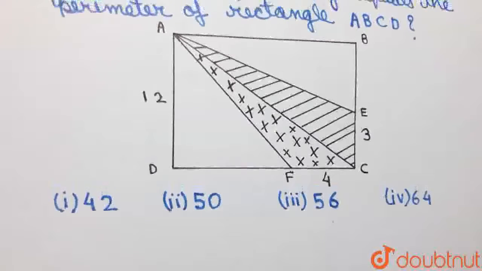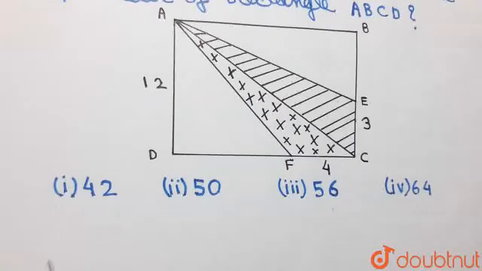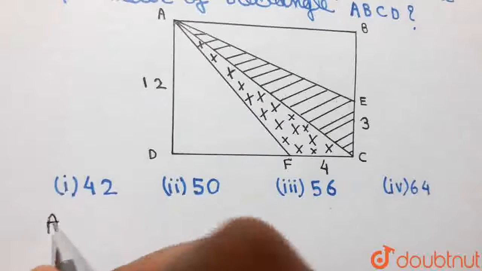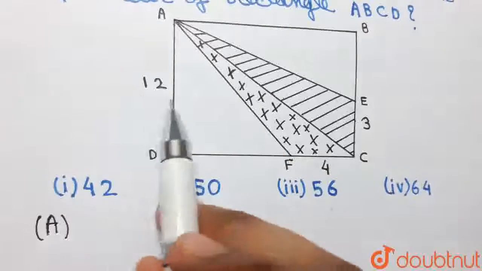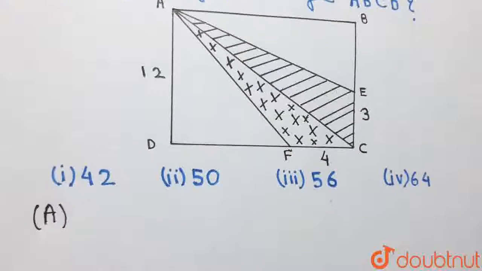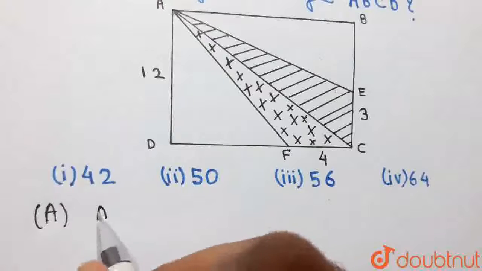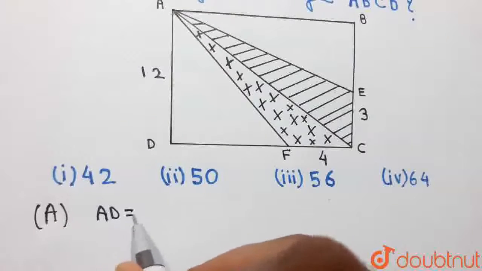First of all, let us write down the lengths of the sides that have been given to us in the question. It has been said that AD is equal to 12, the length of the side AD of the rectangle.